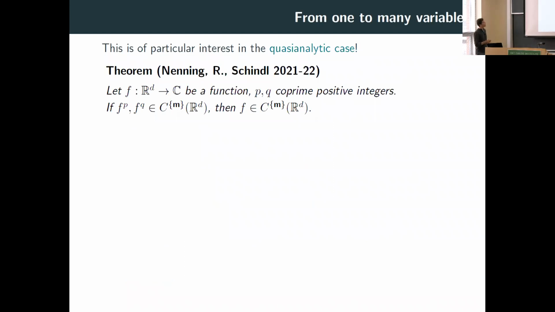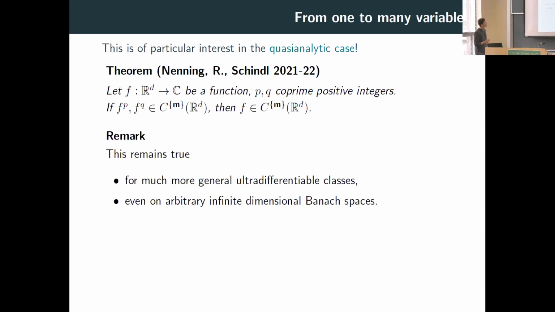So this was a sketch of the proof in one variable, as it was done originally. We can actually go to many variables. This is in our work. So the result is true in Denjoy-Carleman classes in any dimension.